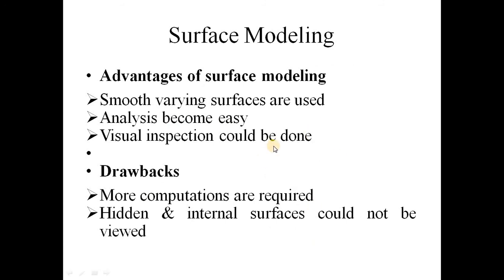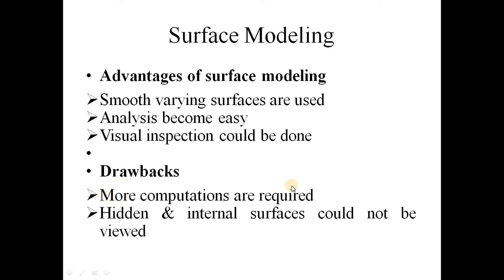Now we'll see the advantages and disadvantages of surface modeling. The advantages of surface modeling are that smooth, varying surfaces are used. Next, analysis becomes easy. Visual inspection could be done. So these are the advantages of surface modeling. Similarly, the disadvantages of surface modeling are that more computational time is required.